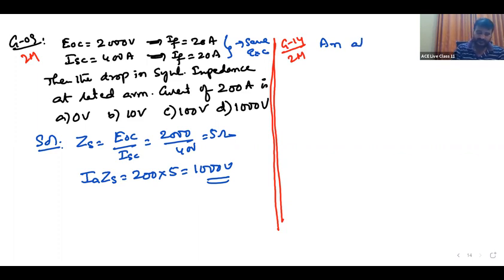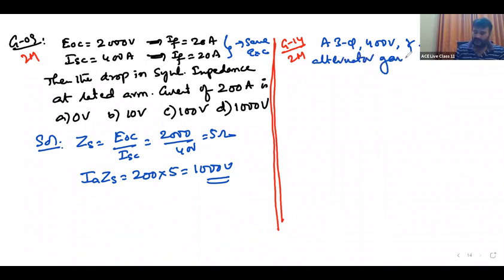A 3-phase, 400 volts, star connected alternator gave the following test results.